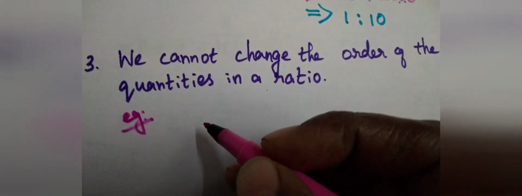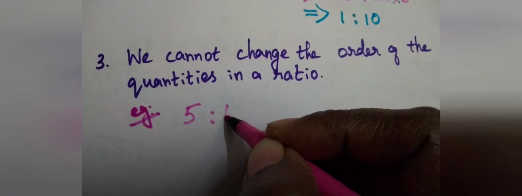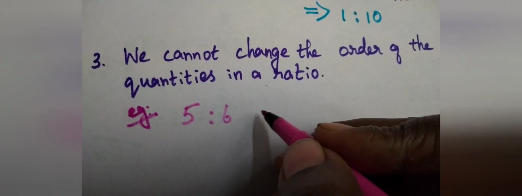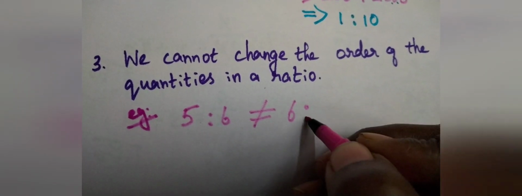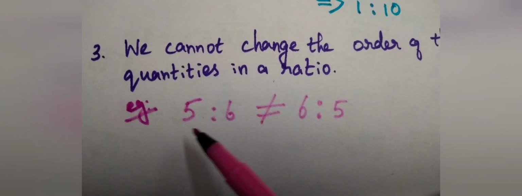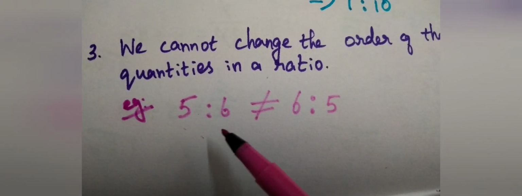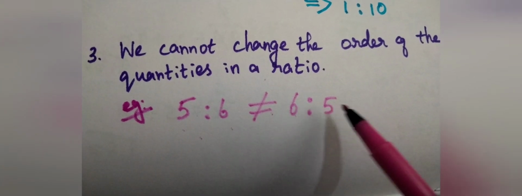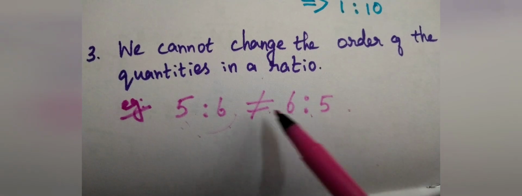So see, 5 is to 6 is different, and it is not equal to 6 is to 5. Are you clear? See, 5 is to 6 is a different ratio, and this is not equal to 6 is to 5. I just interchange the order, but it is not equal.